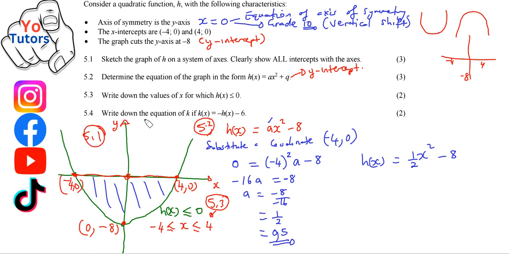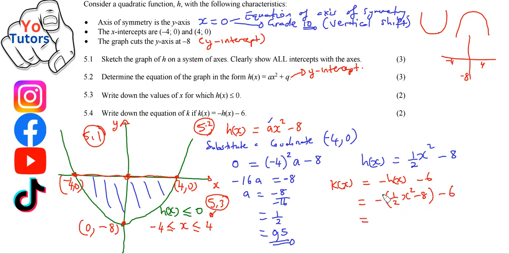Now, write down the equation of k if k of x is equal to negative h of x minus 6. So here we don't need to stress, guys. k of x is equal to negative h of x minus 6. So which one is h of x? This is our h of x. So we're just going to say negative of that, 1/2 x squared minus 8, minus 6.